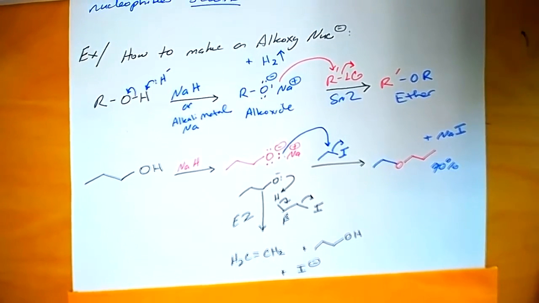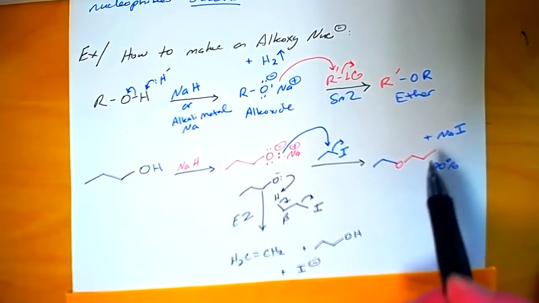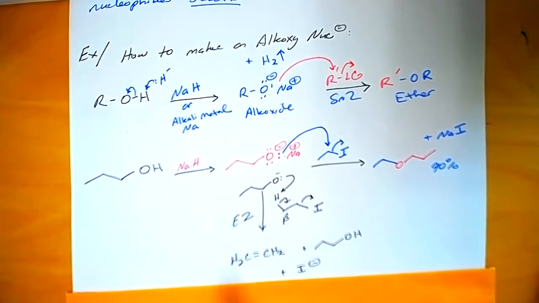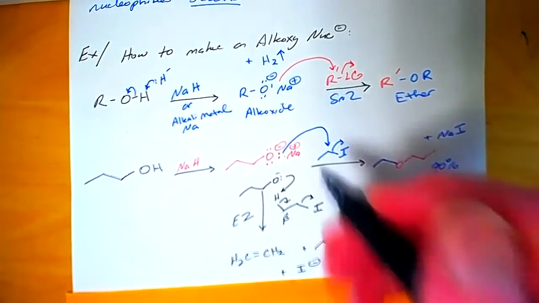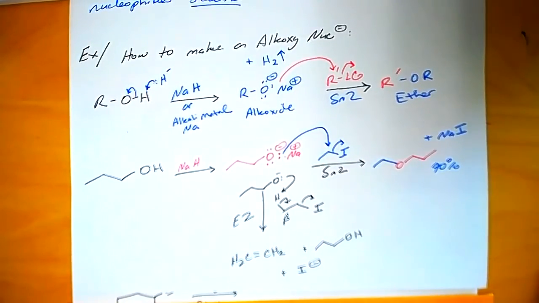Now, of course, this can be controlled a little bit. If you control the sterics here, you can improve the overall yield. Also, heating generally promotes elimination. So you guys remember how to promote an SN2 over an E2. We've talked about that before.